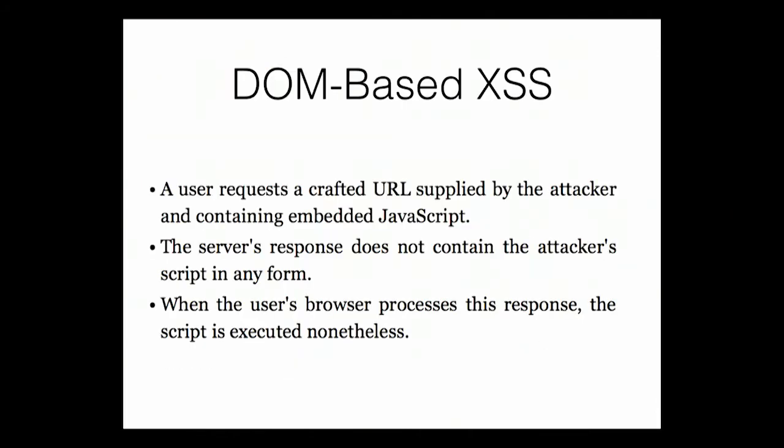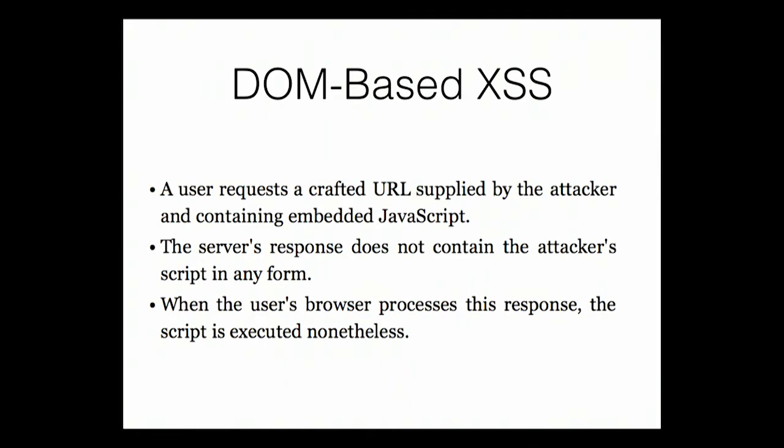So that's all there. Now the third one here is a strange sort of mixture of these, and the trick here is if you have a page where part of the URL is used to construct the body of the page, like part of a folder name or something, is then put on the page, then I can add script to the page that did not come from the server at all.